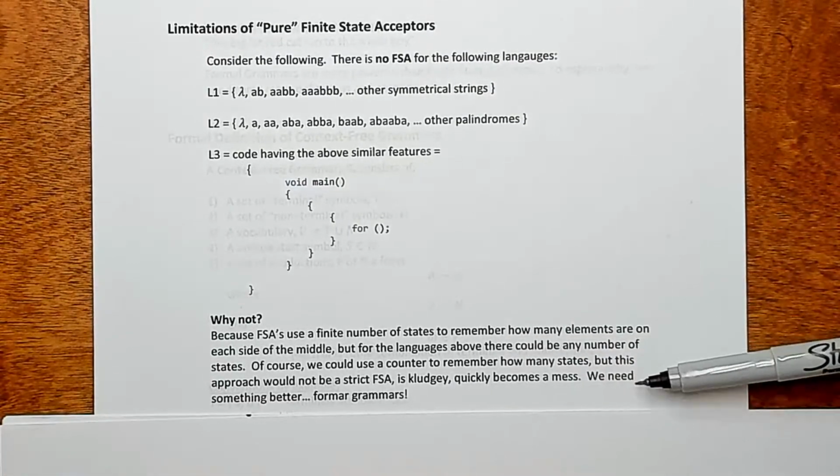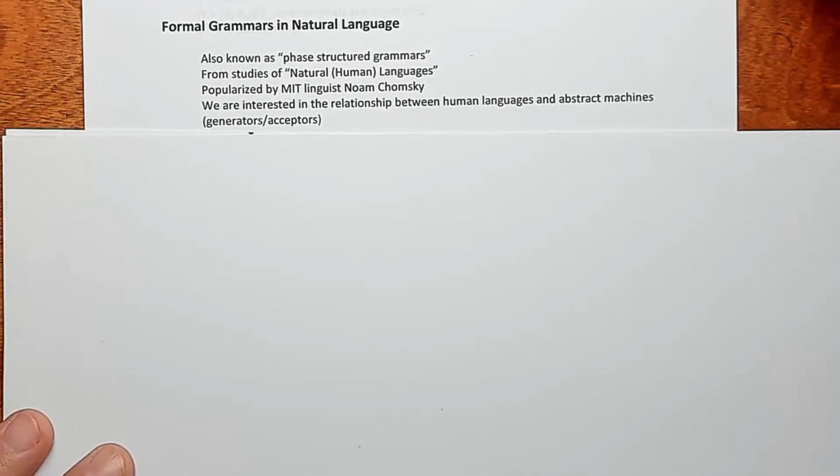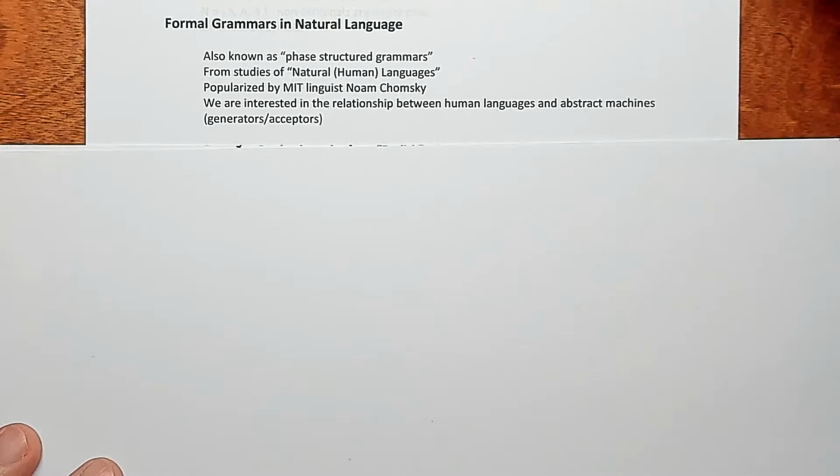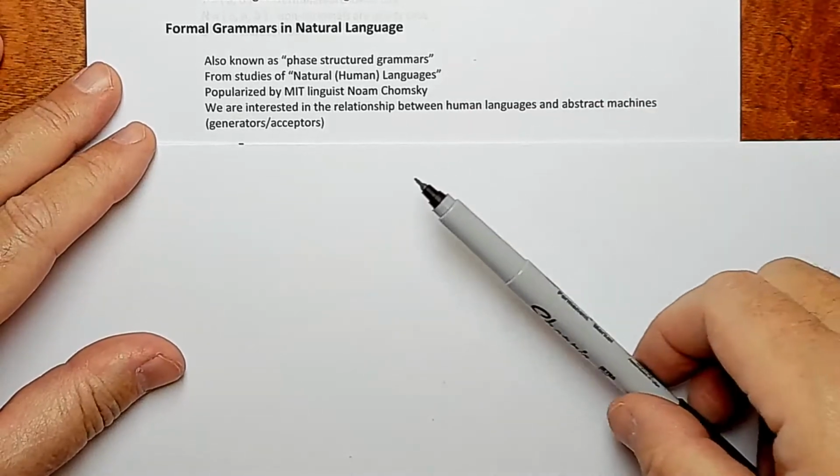So we have something called a formal grammar, which is a more powerful way to do that. All right, before we move on, another way to understand grammars is to think about what we already know with human natural languages. We're all natural language speakers.